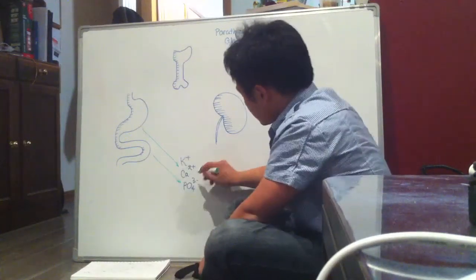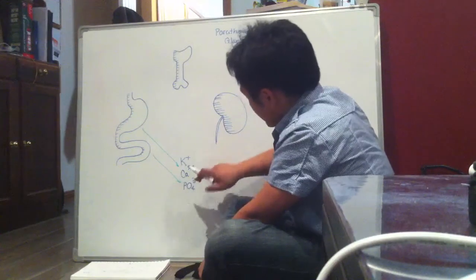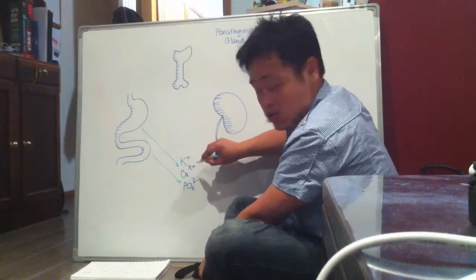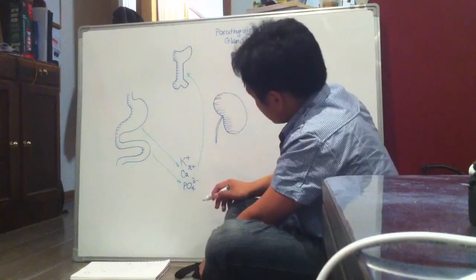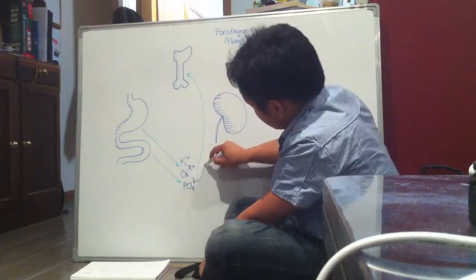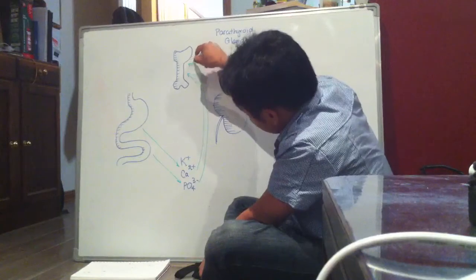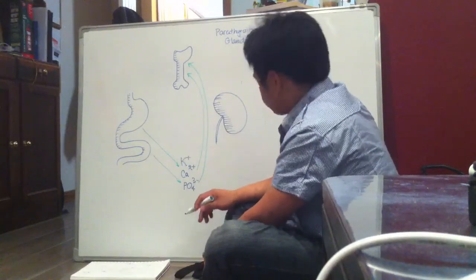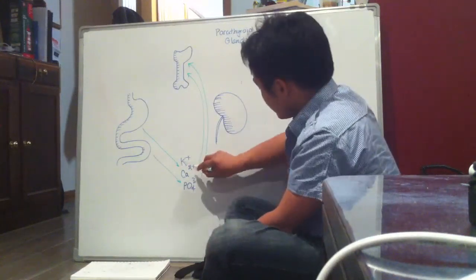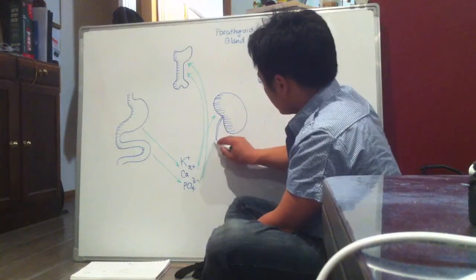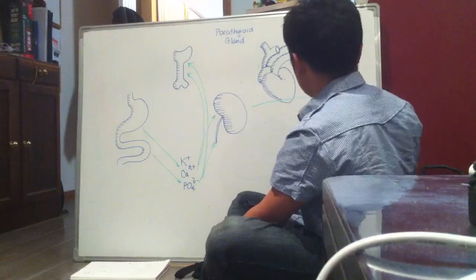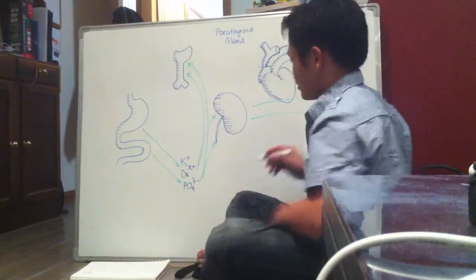When there's enough calcium, it goes to the bone and gets stored there. Phosphate also goes to the bone, so it gets stored there. The rest is then cleared through the kidney, so it goes to the kidney to get cleared and get out of the body.